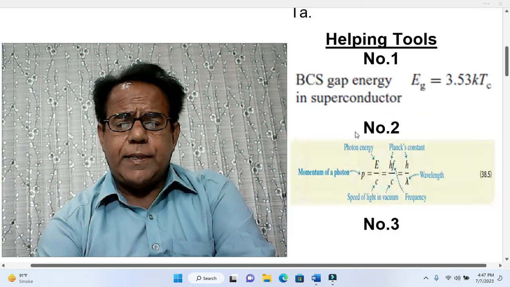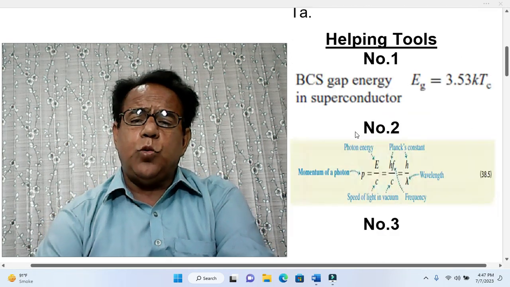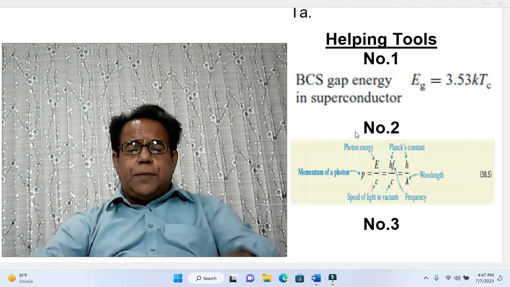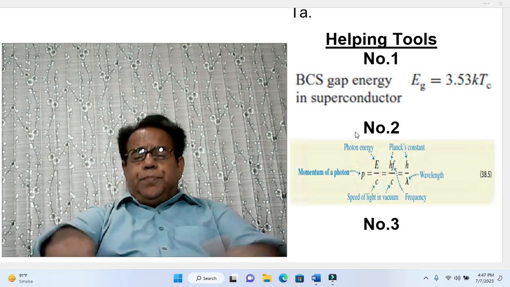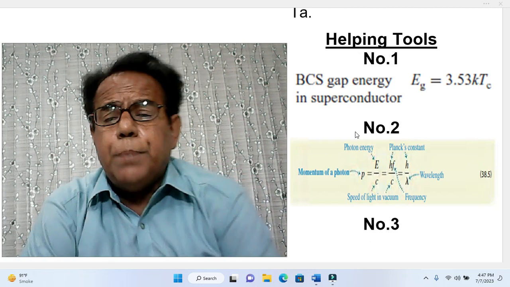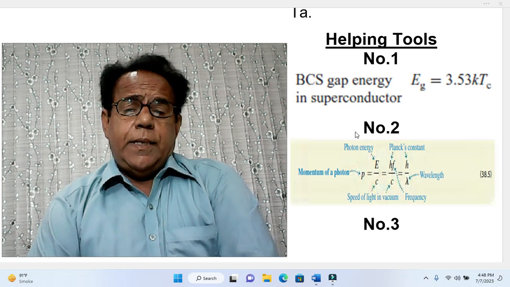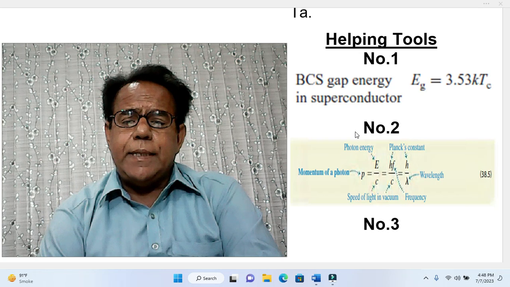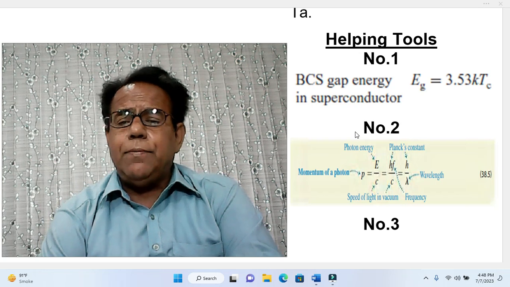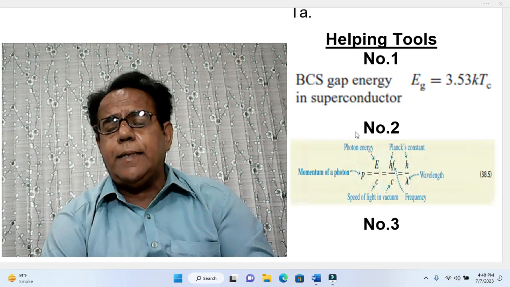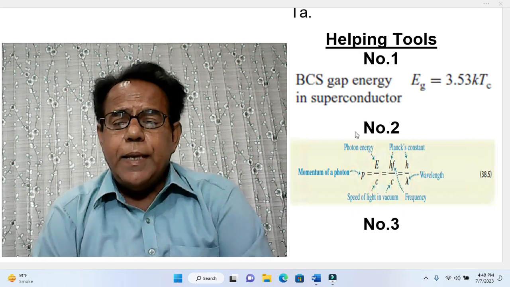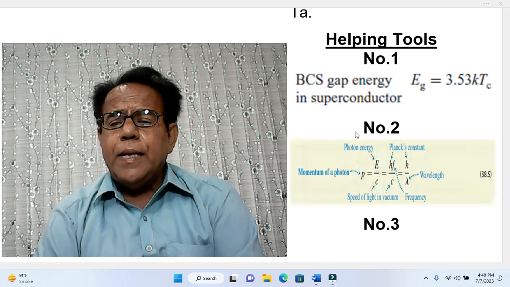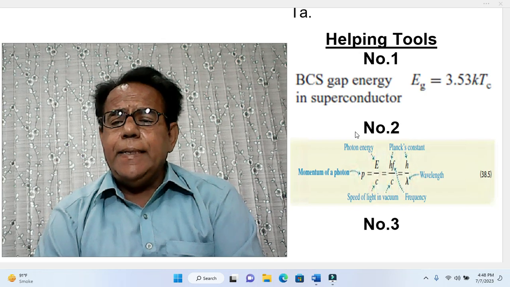As usual, we first go through the helping tools which will be used in our solution. Helping tool number 1 is that the BCS gap energy in a superconductor is given by Eg, where g is a subscript of E, equal to 3.53 kTc.